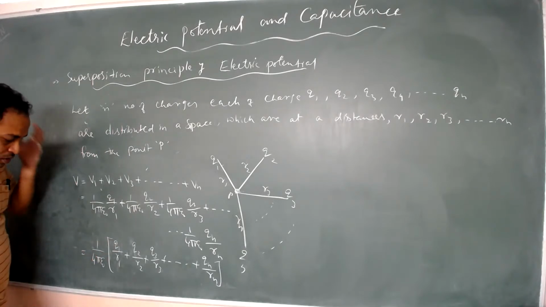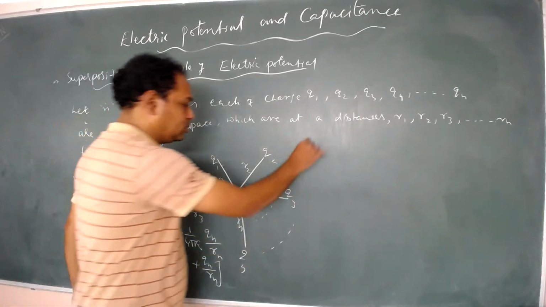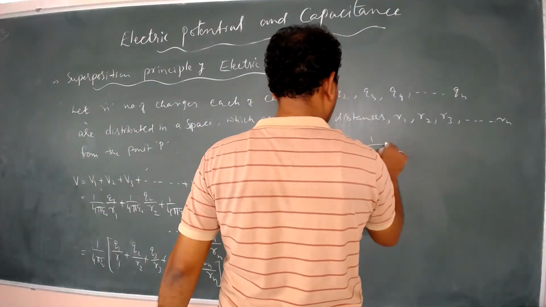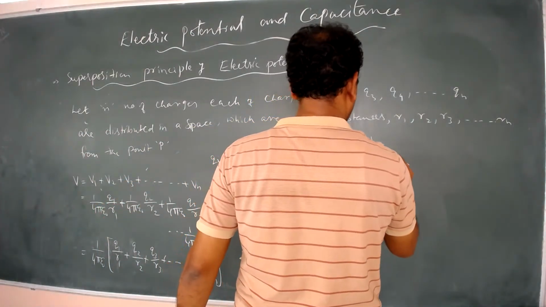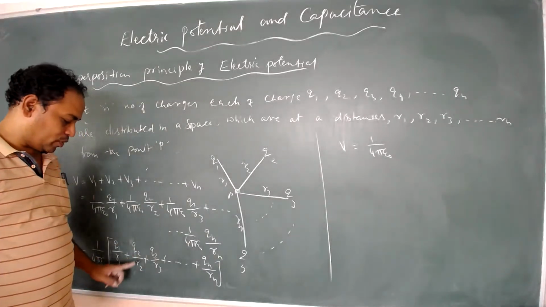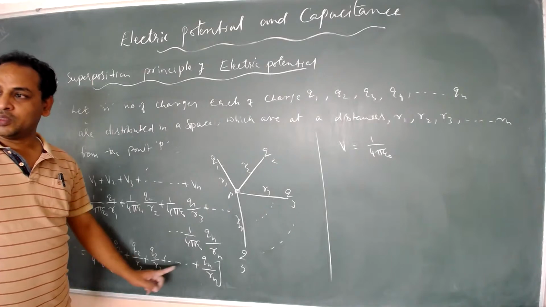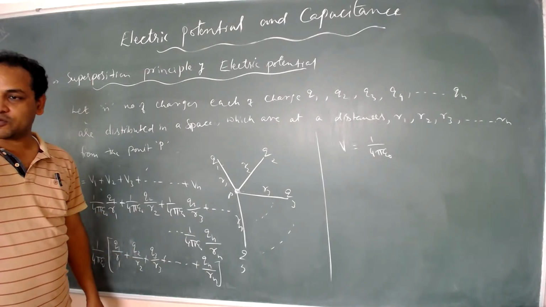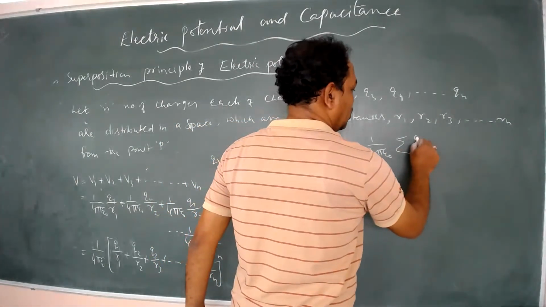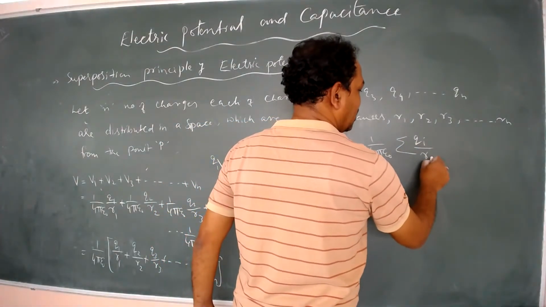Therefore, this can be simply written as V equals 1 by 4 pi epsilon naught into Q1 by R1, Q2 by R2, Q3 by R3, etc. I can write this in summation form: summation of Qi by Ri.